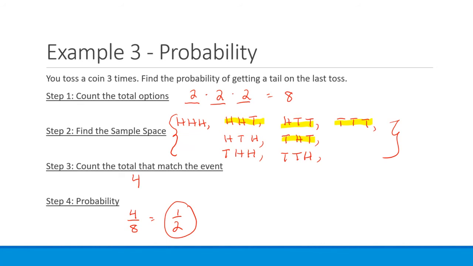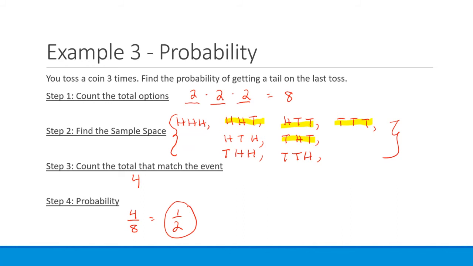in the last toss. Now, if it asked about the probability of getting a tail in the last 2 tosses, then that would be different, and we would have 2 out of 8 there, and that would be 1/4, which is actually the probability of 1/2 times 1/2. So you can multiply probabilities in this case, and that is because these are independent events.